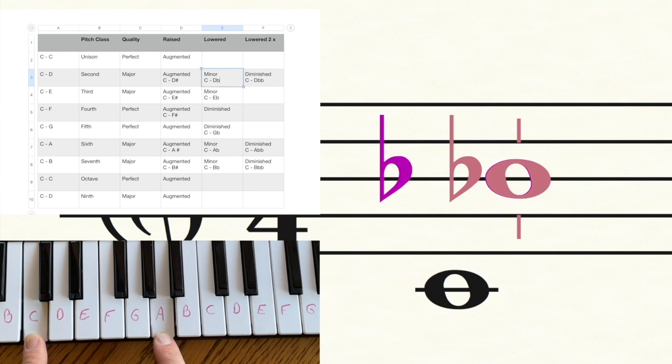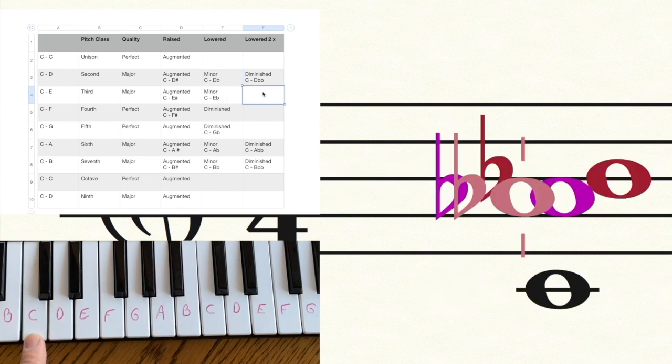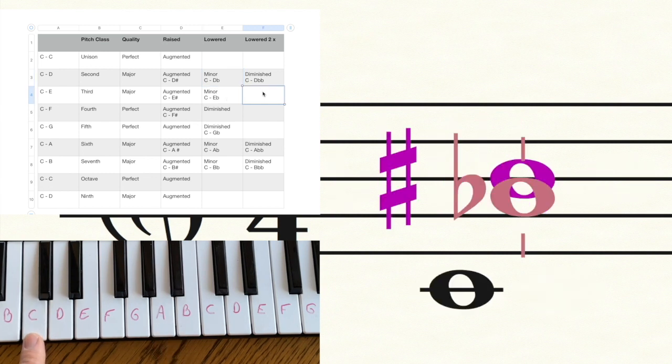So a major interval, if you lower it once, it becomes minor. If you lower it twice, it becomes diminished. So then that would be true for, I made a little mistake there.